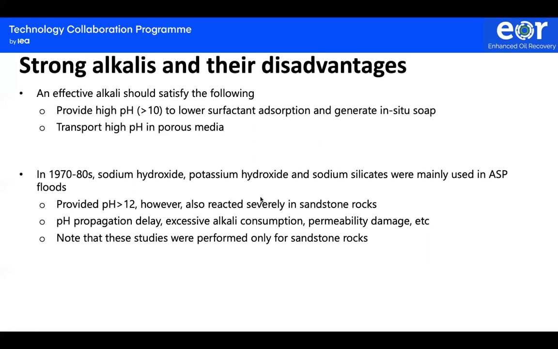Most of these studies were performed in sandstone rocks, although some were also performed in carbonates. And what these studies found is that these alkalis are too strong for an ASP flooding. Due to these reactions, you can expect pH propagation delays, excessive alkali consumption, permeability damage, and so on.